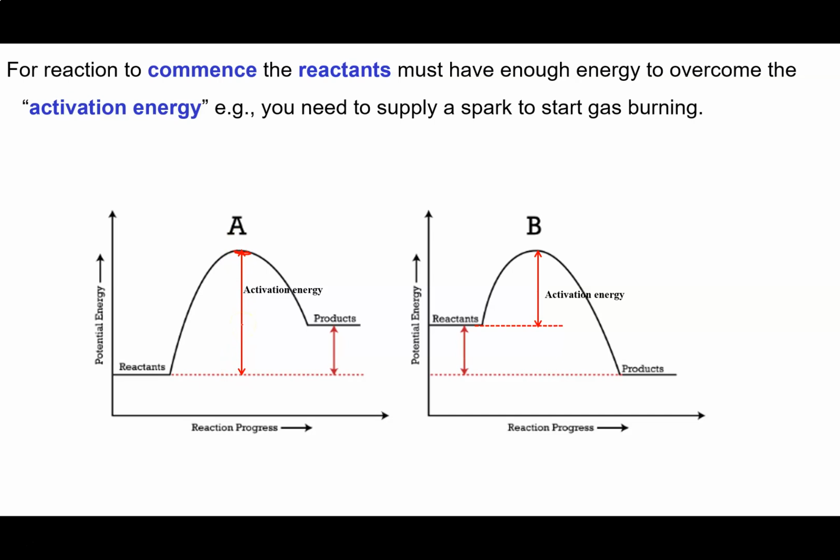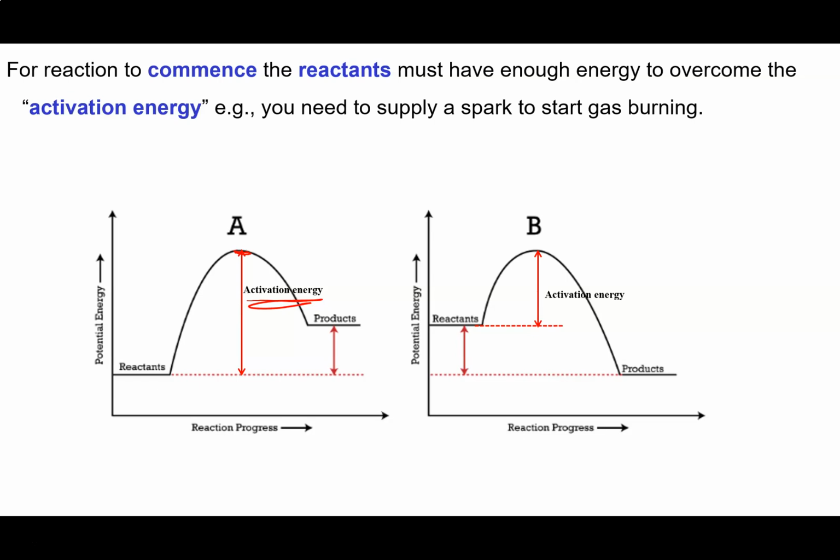You've probably noticed this: if you mix gas and oxygen together, it doesn't immediately react, but you put a tiny bit of energy in, you put a spark in there, and poof, it'll start burning, and then it'll just keep going spontaneously once you give it that little nudge to get it going. That little nudge is referred to as the activation energy.